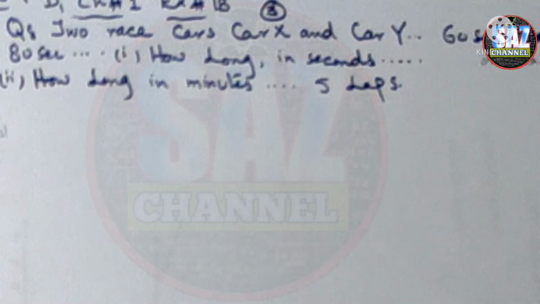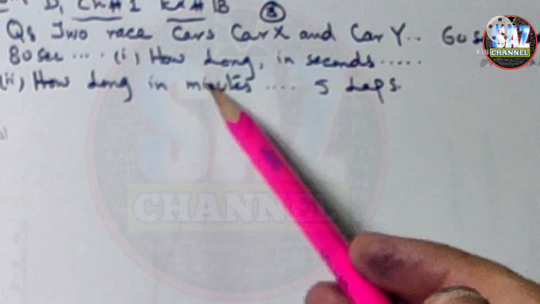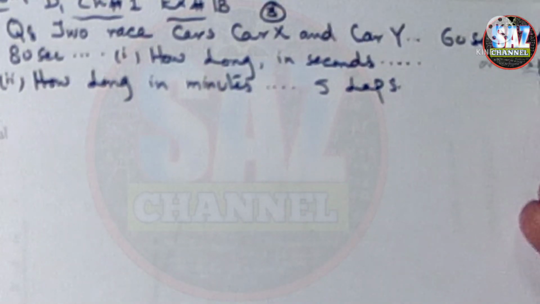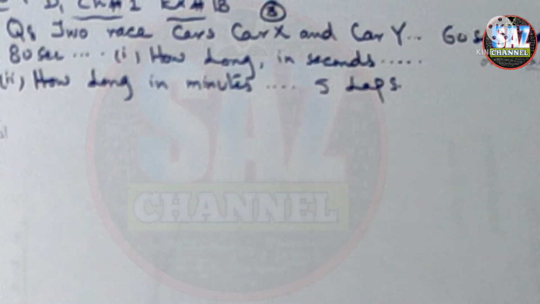Let's try to understand the question, how to decide how long these two cars will take. First of all, it's really important to understand the meaning of the term lap. Lap means a complete trip around the racetrack that is repeated several times.